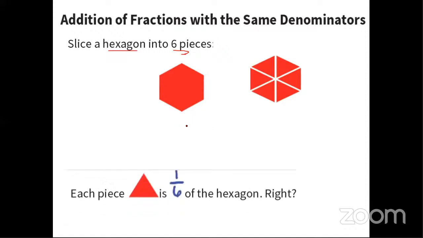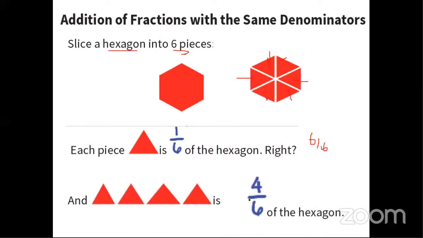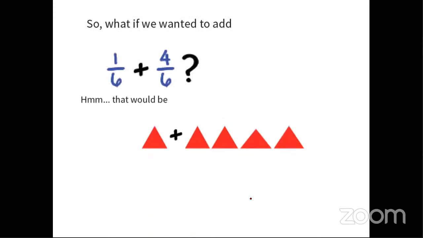So if you pick out each of these, we said it is 1 out of 6, 1 out of 6, 1 out of 6, each of them. Meaning when you total all of them, you will come up with 6 out of 6. So this is what we looked at in our previous class. This is not new. Now, in today's lesson, I want us to see what happens when you add fractions with different denominators.